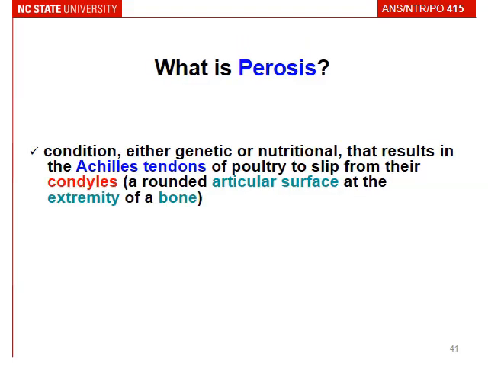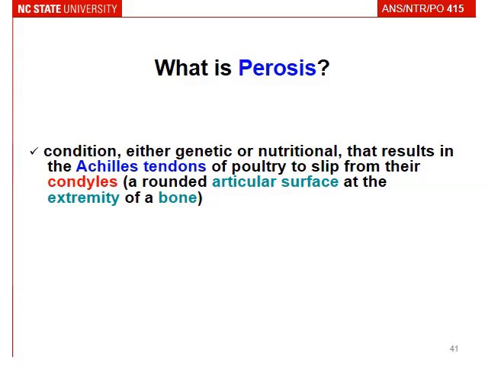Now, one of the main symptoms of biotin deficiency, especially in poultry, is what we refer to as perosis. And perosis is a condition, either genetic or nutritional. For this class, we're focusing on the nutritional components that result in slipped tendon.